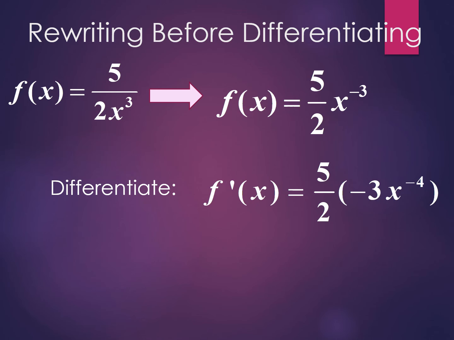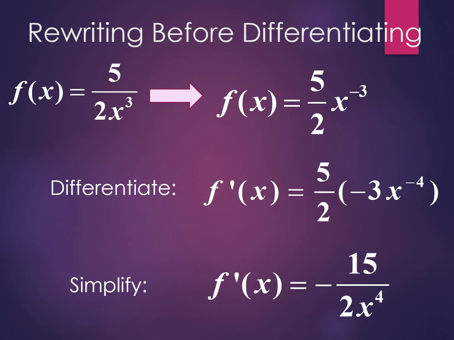So the derivative of x to the -3 equals -3 x to the -4. And from here, we are going to make our exponent positive. So we simplify. The final answer would be f prime of x equals -15 over 2x to the 4th. So that is rewriting before differentiating.